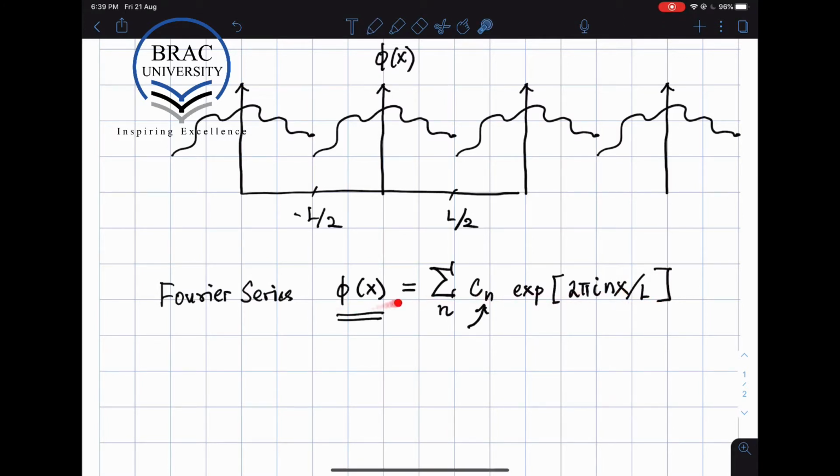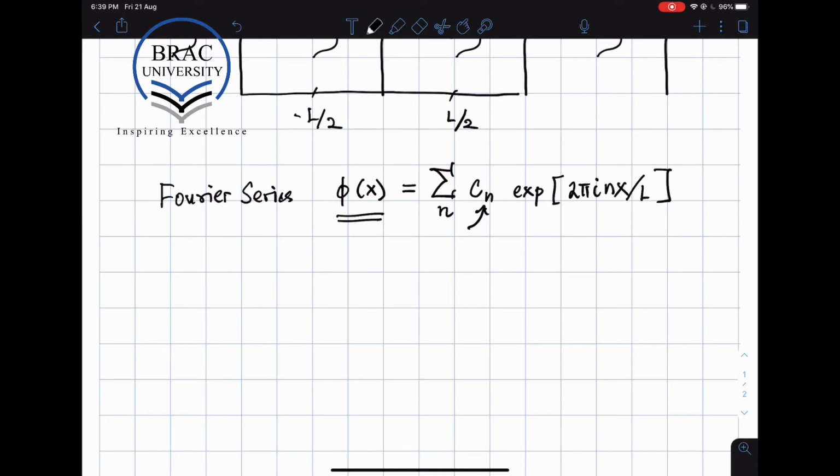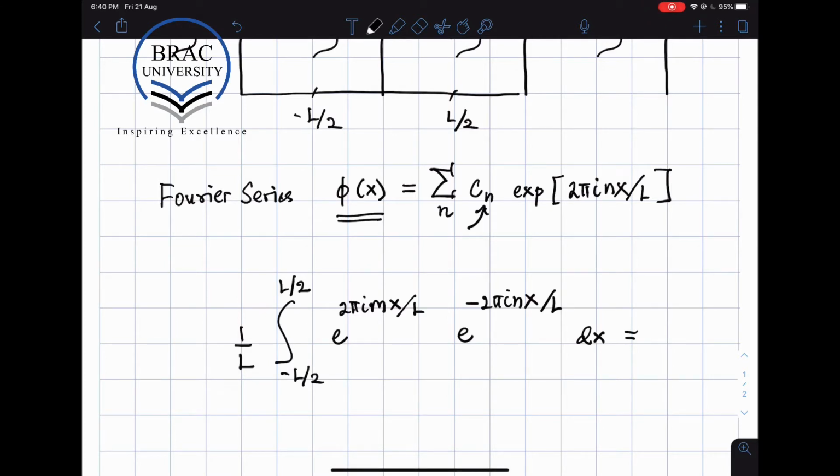To invert this expression, we used an orthogonality relationship, which is quite easy to prove. We use the fact that if I integrate my basis functions over the interval, then I should get delta mn, where this is the Kronecker delta.